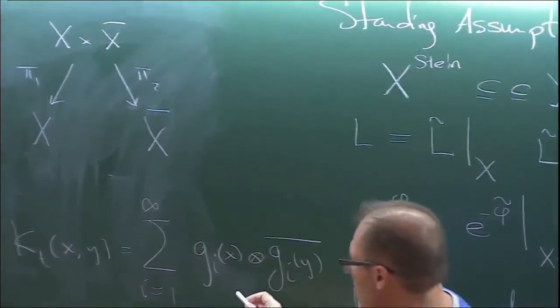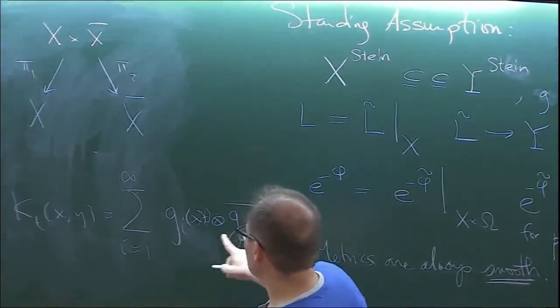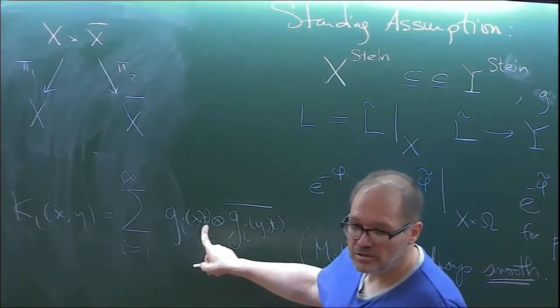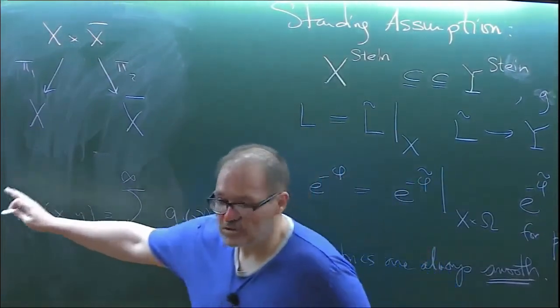So this depends on t somehow, but in a more complicated way. It's not holomorphic in t. Okay? And one of the questions we would like to know is, what is the dependence of this object on t?